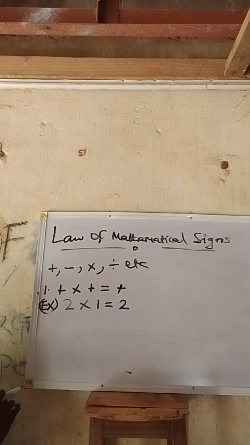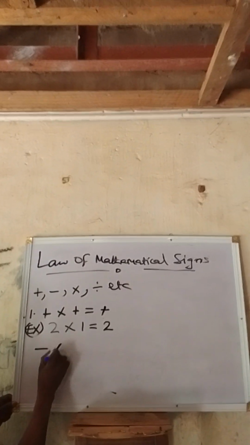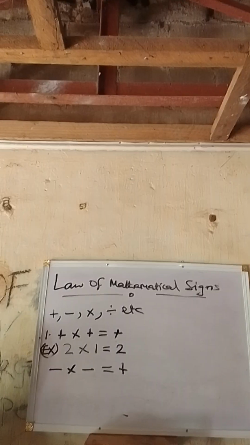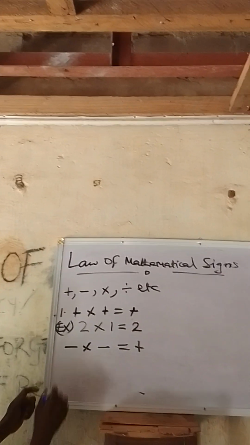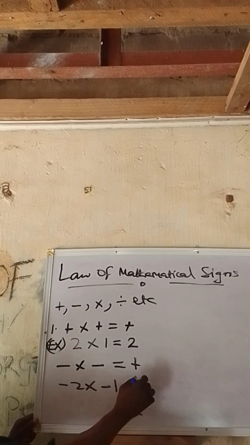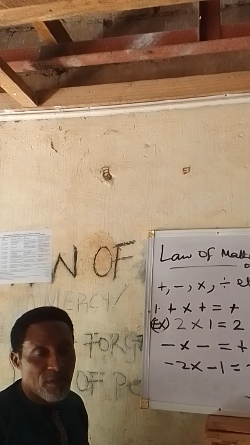Now the same sign, minus times minus is plus. Same sign too. Minus 2 times minus 1 is equals to plus 2, as you can see.